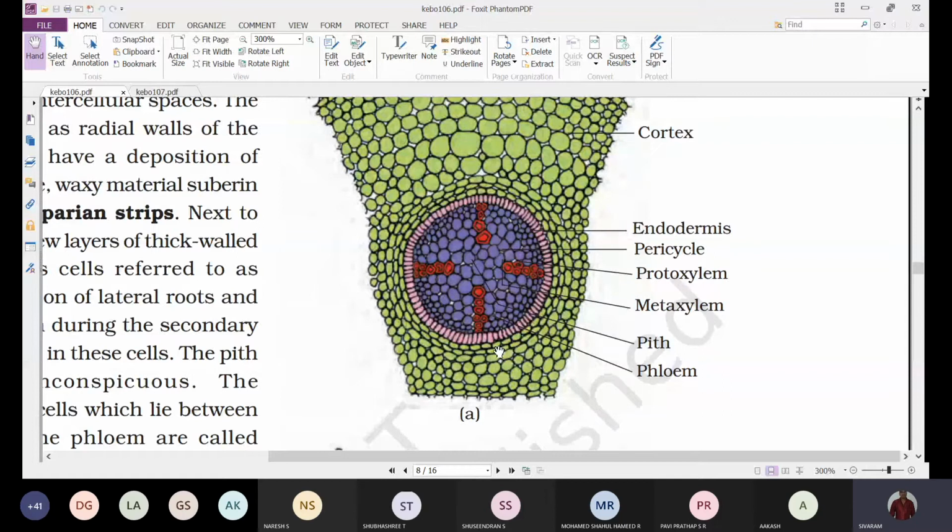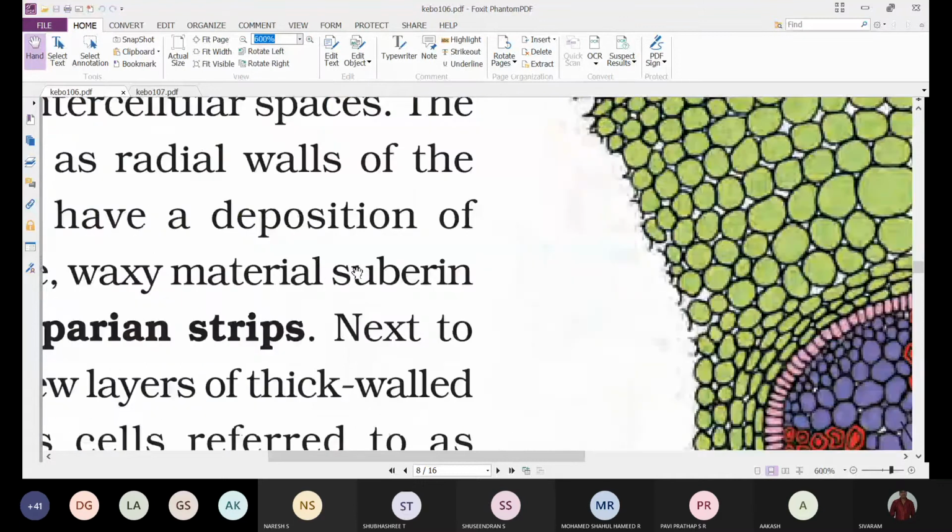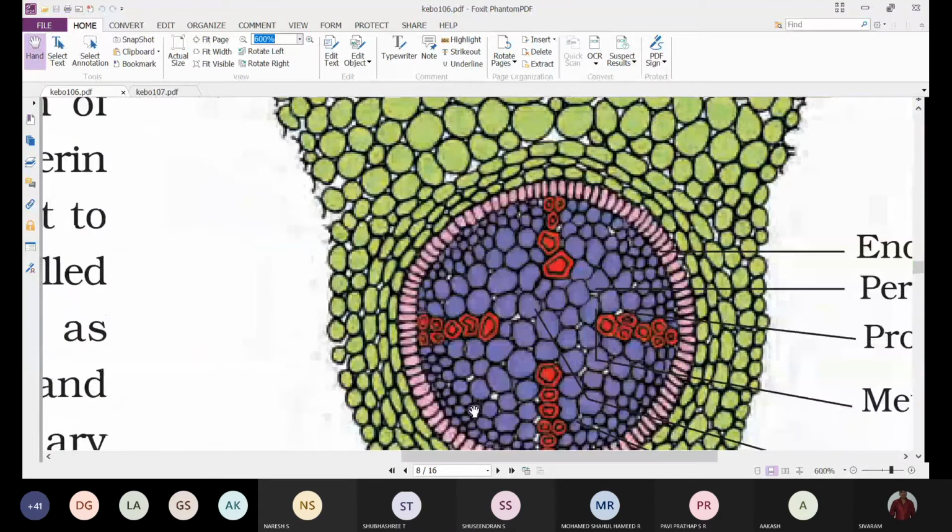When you observe here, this is the endodermis.